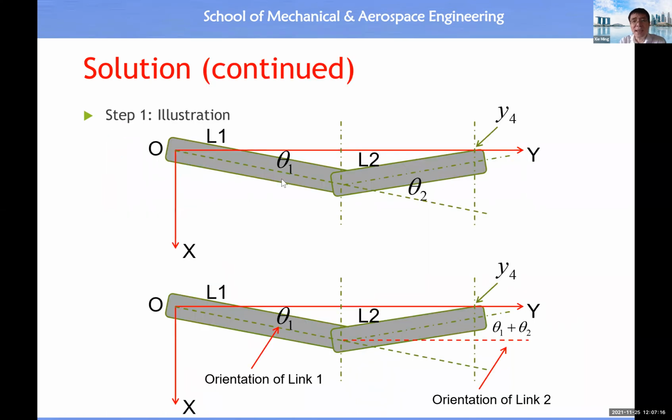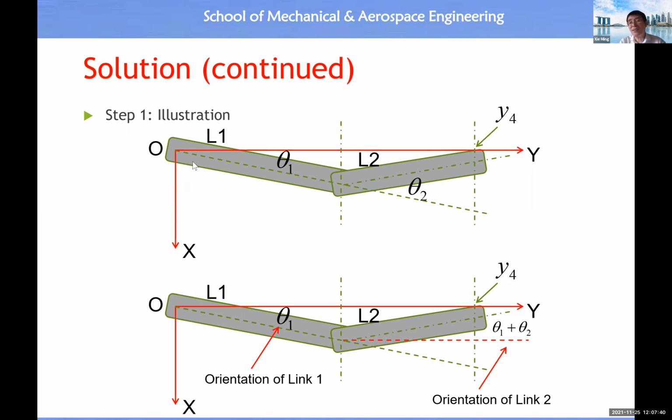Then in the general configuration, θ1 is the orientation of link 1 with respect to the base link, and θ2 is the orientation of link 2 with respect to link 1. This is also another piece of background knowledge for you to pay attention to. θ2 is not the orientation of link 2 with respect to the reference coordinate system.